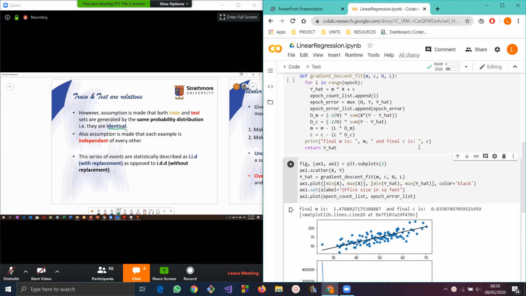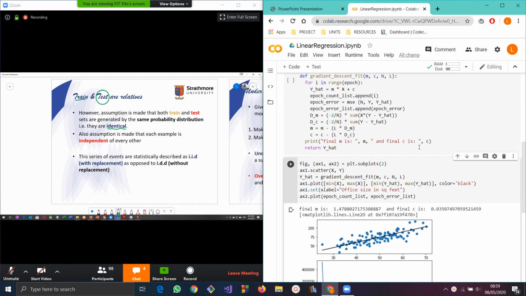What does that mean? If I am minimizing the train error during training, because they are drawn from the same probability distribution, I'm still working on the same distribution. So as I reduce the train error, I am also reducing the test error.